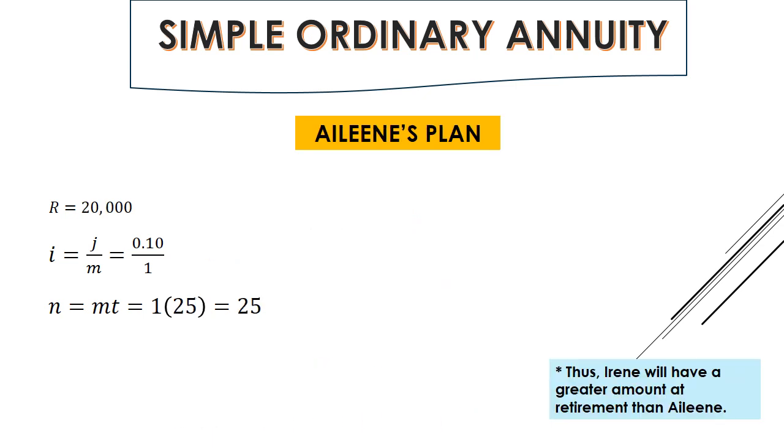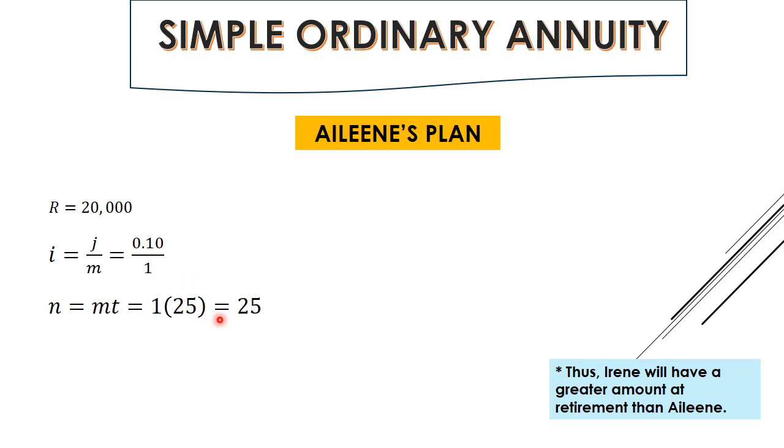Now let's go with Eileen's plan. The periodic payment is 20,000. The i is j over m, still 0.10, and the n is m times t, which is 25, since she started investing at the age of 35 years old, so she only had 25 years before she turned 60 years old.